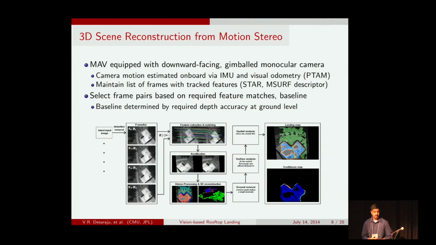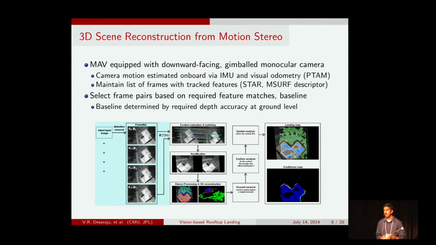So, starting with the perception system. We consider the case where we have a micro-air vehicle equipped with a downward-facing gimbaled monocular camera. We assume that the motion of the camera can be estimated on board the vehicle through a combination of IMU data and visual odometry data. As the vehicle flies, we maintain a frame list of image frames along with corresponding tracked features.